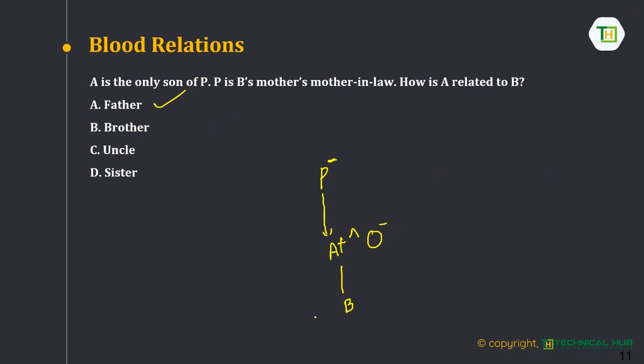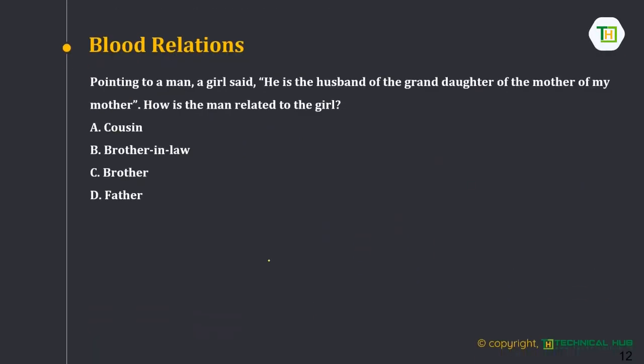Coming to the next one, this is the introducing model. My replaces the speaker, and the speaker here is a girl. So mother of my mother means speaker's mother's mother, that is the grandmother.